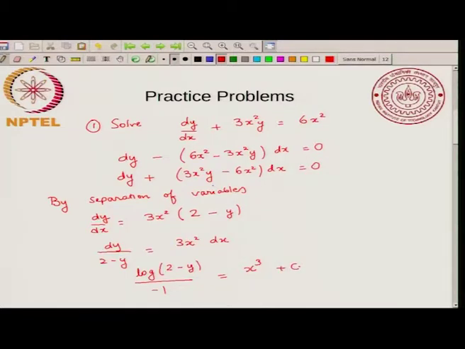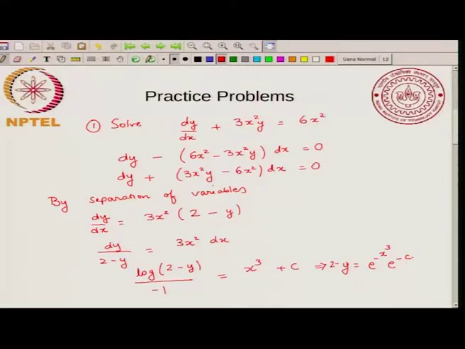So, if I go ahead and multiply it out, I will get 2 minus y is equal to e raised to minus x cube into e raised to minus c, where c is the arbitrary constant.